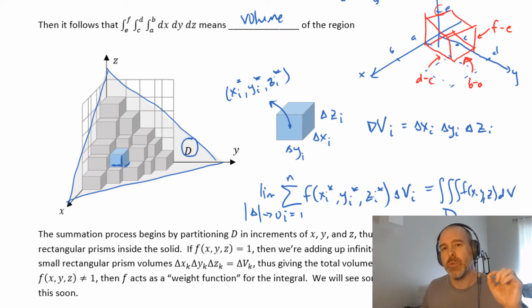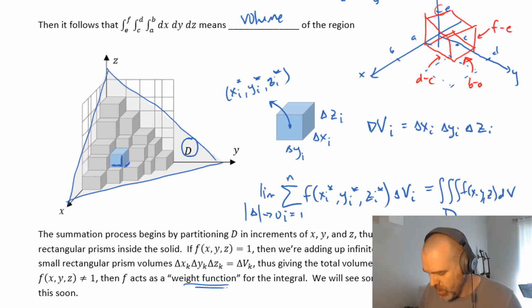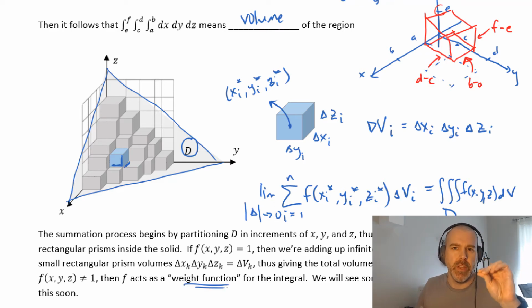And what that function is doing is adding a weight for each of the little boxes. So each little box gets a weight, and then it adds them all up to get the total weight of that function over the region. For temperature, it's kind of a weird one. Maybe temperature isn't a good idea. Maybe it's mass.